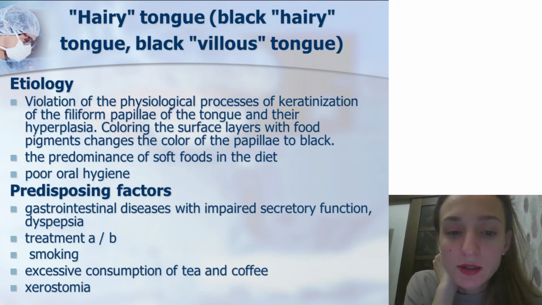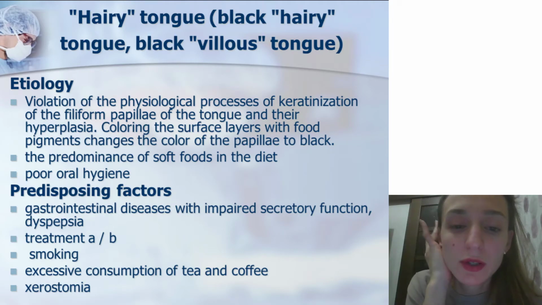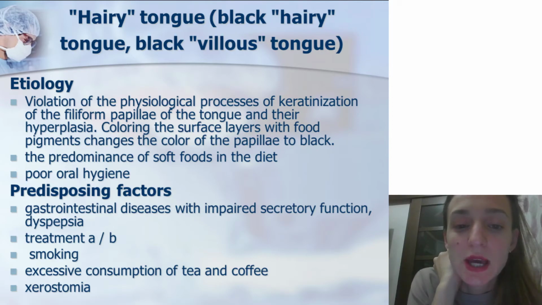And then, black hairy tongue may occur in children as a result of a distorted physiological process of desquamation of the corneal epithelial layer in the filiform papillae of the tongue. The symptom is characterized by hyperplasia of papillae resulting in their significant lengthening, sometimes more than 1 centimeter. Food dyes color a thick layer of coating dark, and sometimes even black.